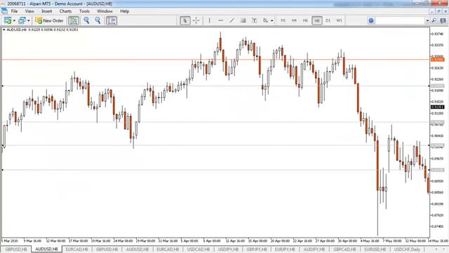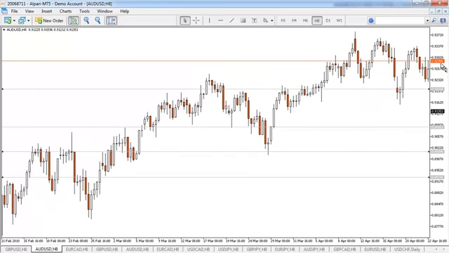Okay, we see a few bounces here. Yeah, a bounce there. Kind of a bounce there. A bounce there. Not too convincing, but let's drag back a little further, see what we see.